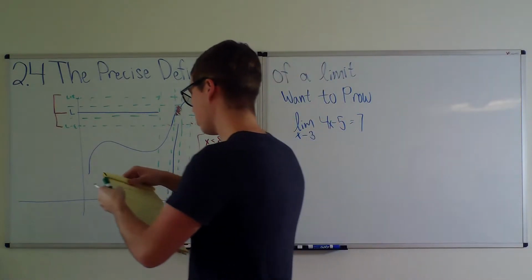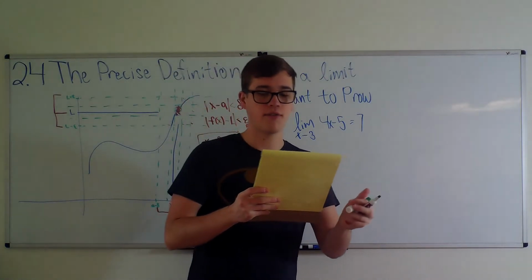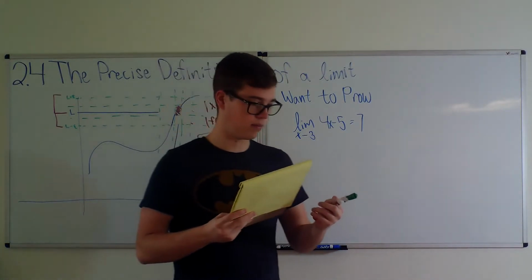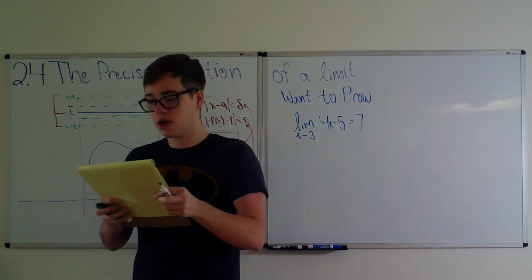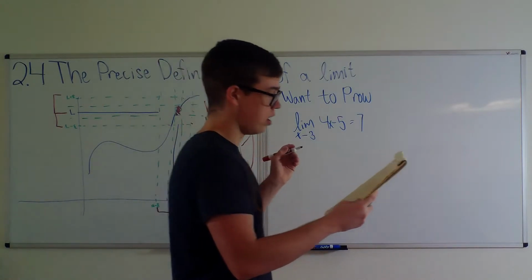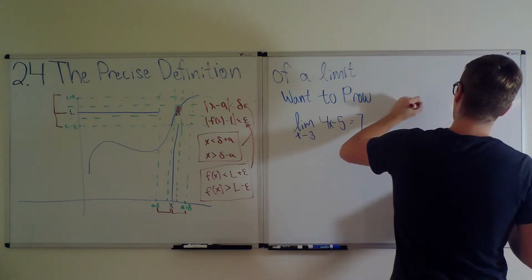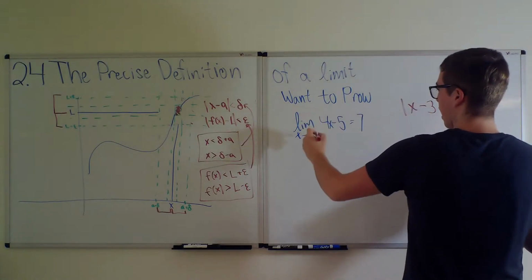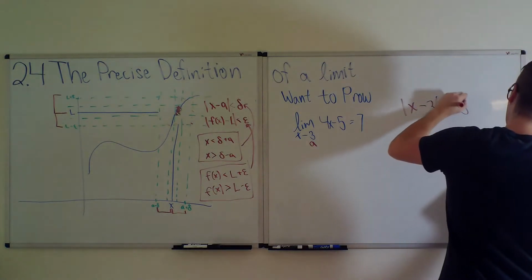So now we want to prove that the limit as x approaches 3 of 4x minus 5 is equal to 7. So we need to fill out the two inequalities from the definition. We need |x minus 3|, because that's your a, to be less than delta.